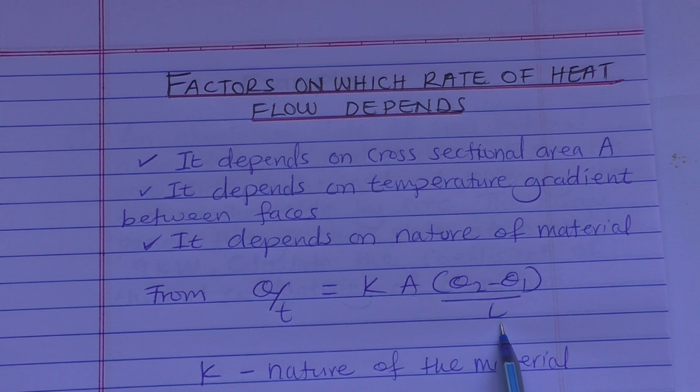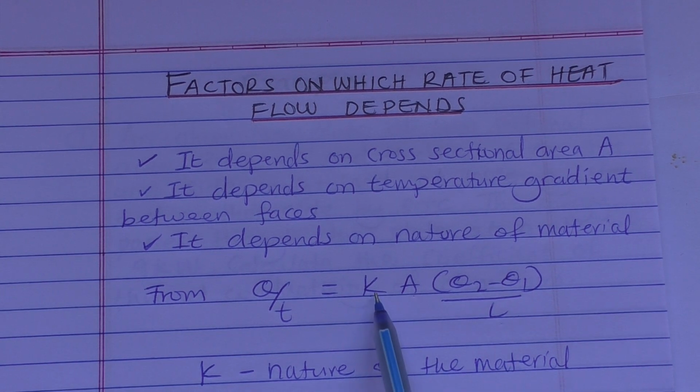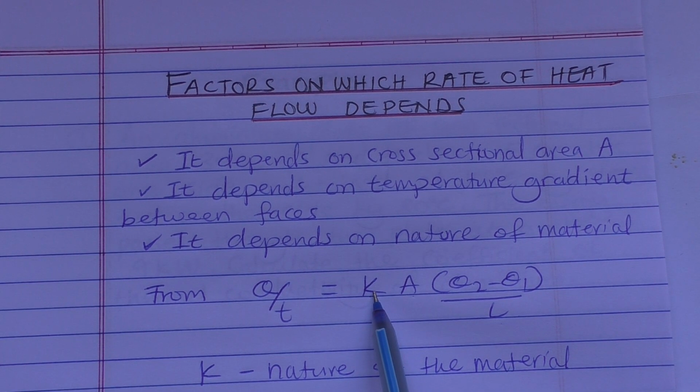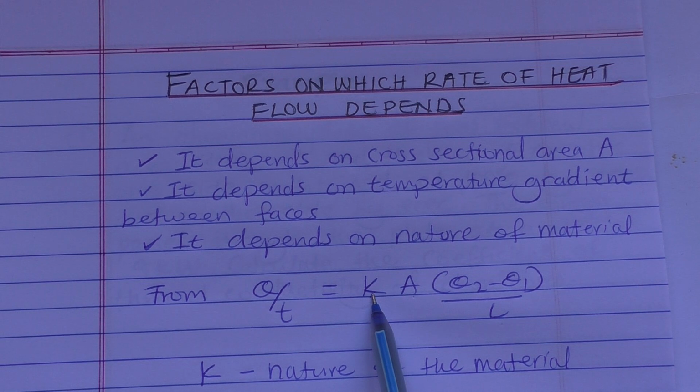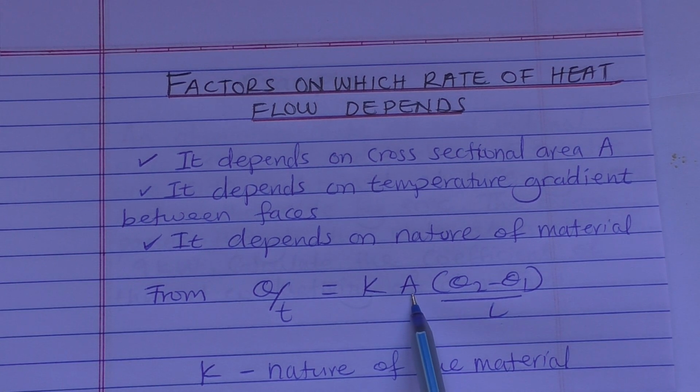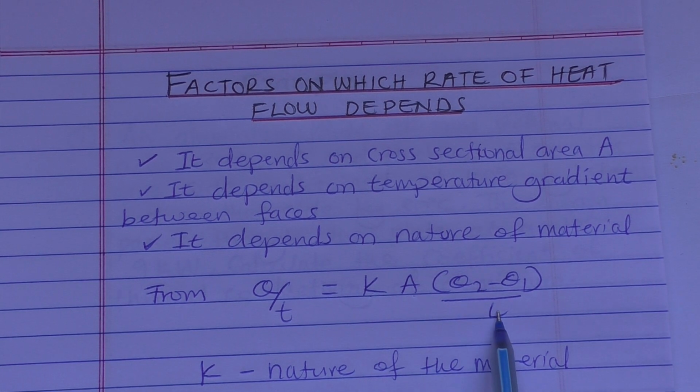And therefore, there are three factors. We have thermal conductivity, which depends on the nature of the material. So we shall call this nature of the material. We have the cross-sectional area, and we have the temperature gradient.